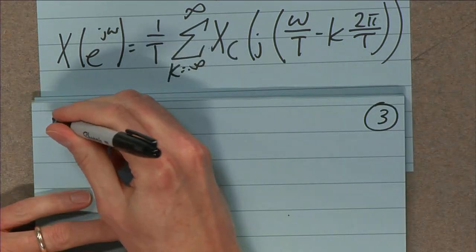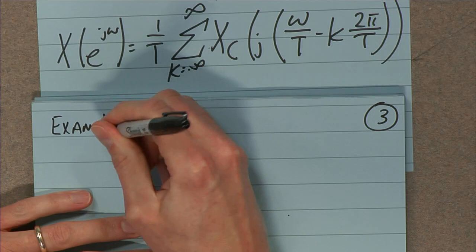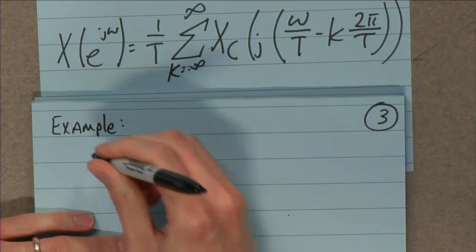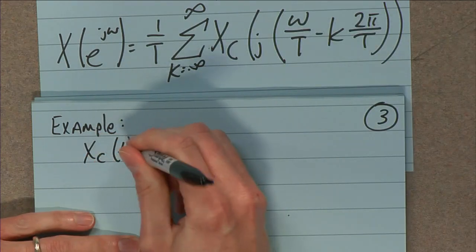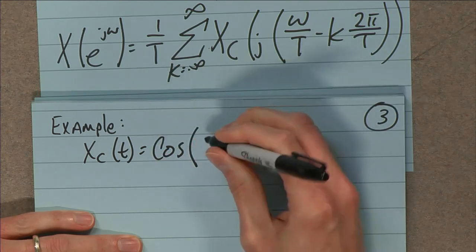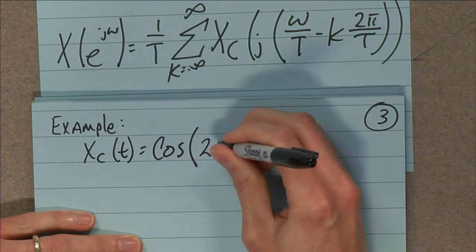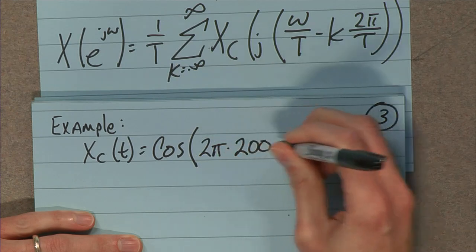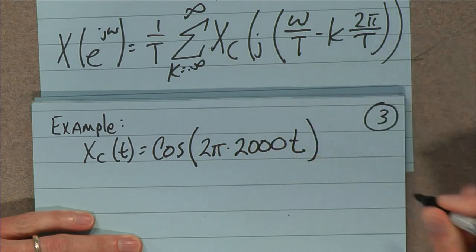Let's do an example of a cosine signal: cosine of 2 pi 2000 t.